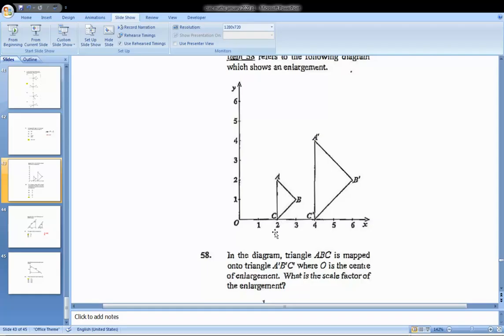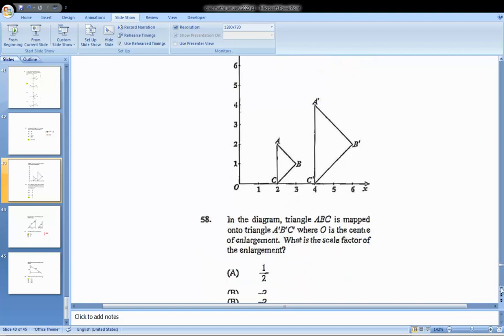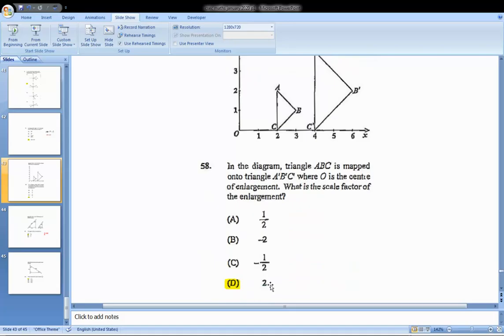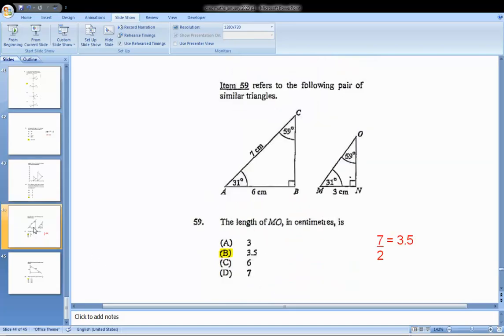So if we notice here 2 and here 4, that's our 2 points. So that's 2 parts, 2 units. So we're looking for our answer to be 2. So our answer would be D for 58.